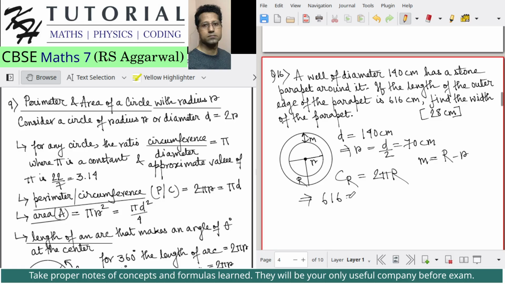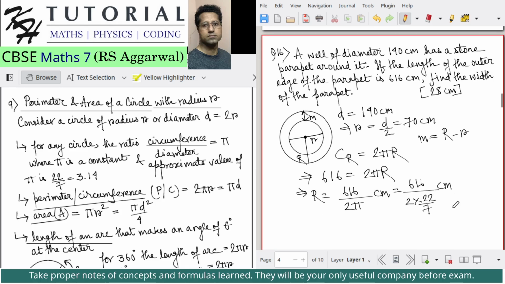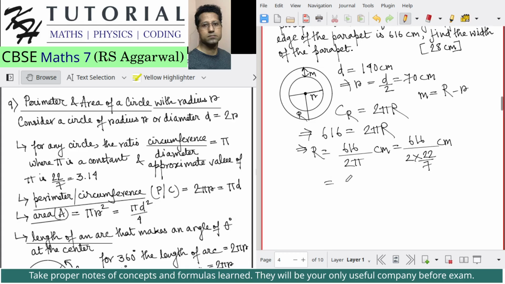So we have 616 is equal to 2 pi R. This implies capital R is equal to 616 divided by 2 pi centimeter, which is equal to 616 divided by 2 into 22 by 7, which is equal to 616 multiplied by 7 divided by 2 multiplied by 22 centimeter.